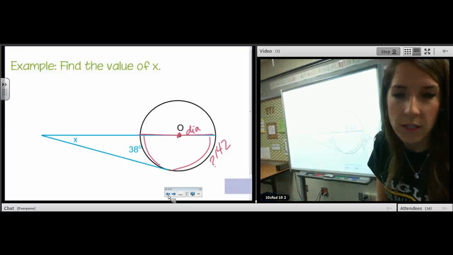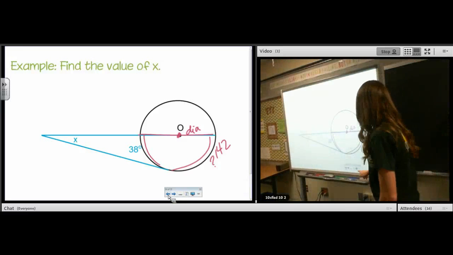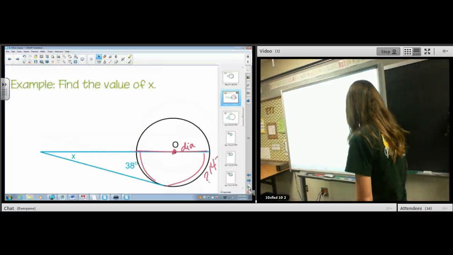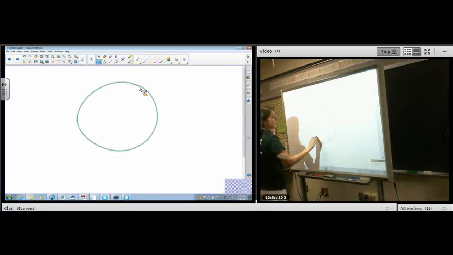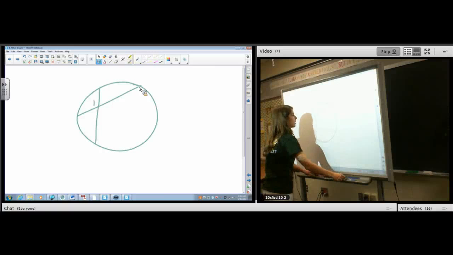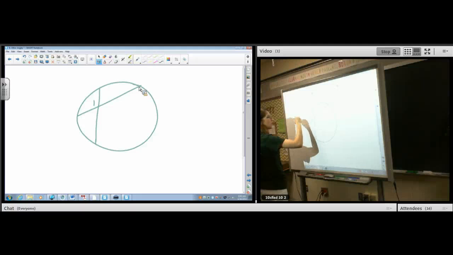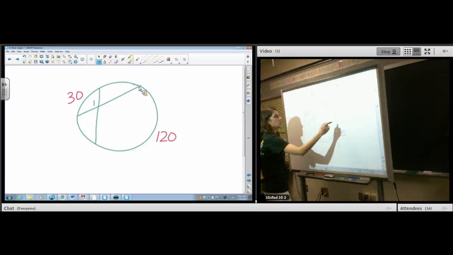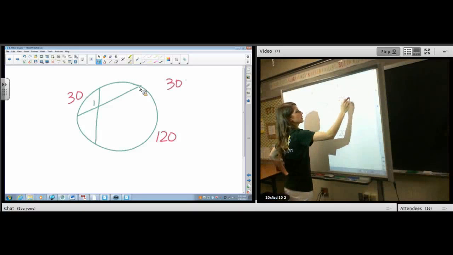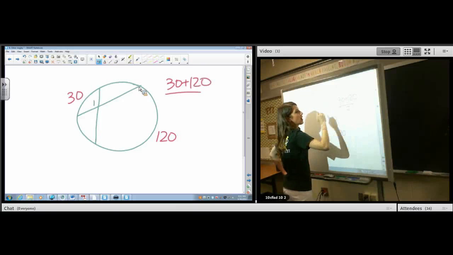You need a little bit more explaining on the x plus y divided by 2. Okay. So when you've got a circle and you've got an angle, like angle 1, inside the circle, you take the measure of its intercepted arc, so this could be 30, and this might be 120, and you simply add the arcs and divide by 2.